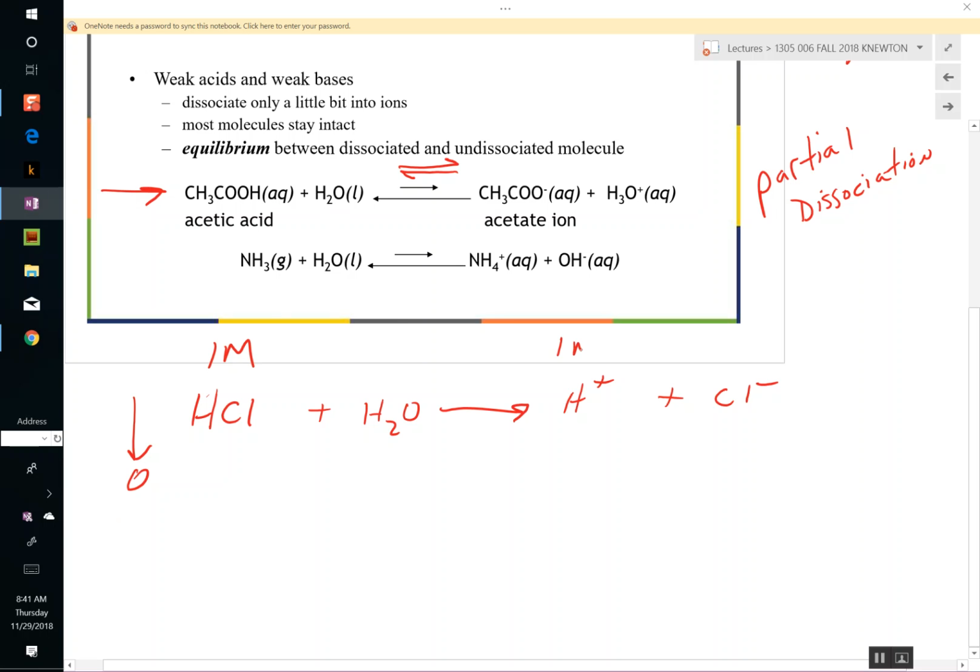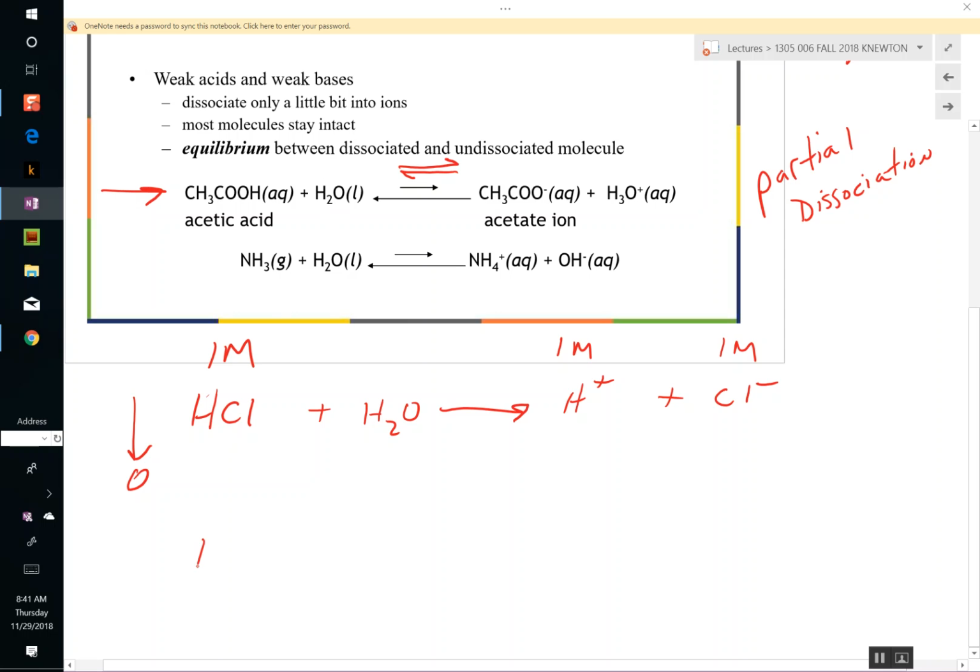I'm going to get 1 mole per liter hydrogen ion, and I will get 1 mole per liter of chloride ion. You said you only had 1 molar. How do you get 1 of each? Well, it breaks apart into those two things, right? Every 1 HCl gives you 1 H+. So a mole of it will give you a mole of H+, and if that's in a liter of solution, it's going to be 1 molar hydrogen ion.